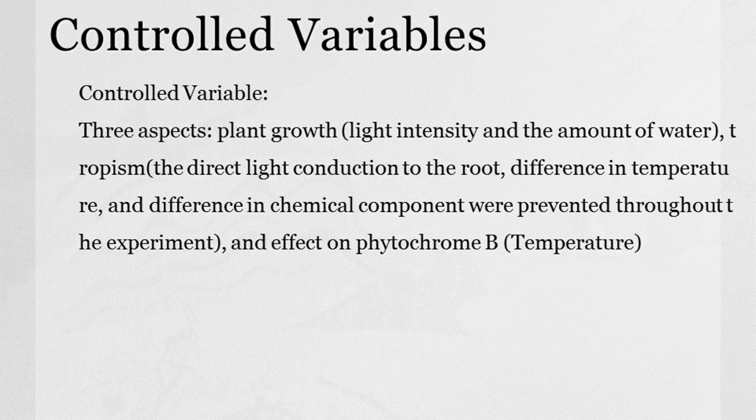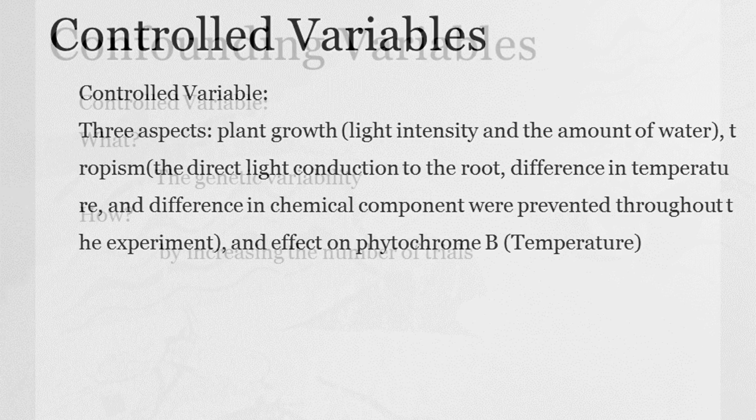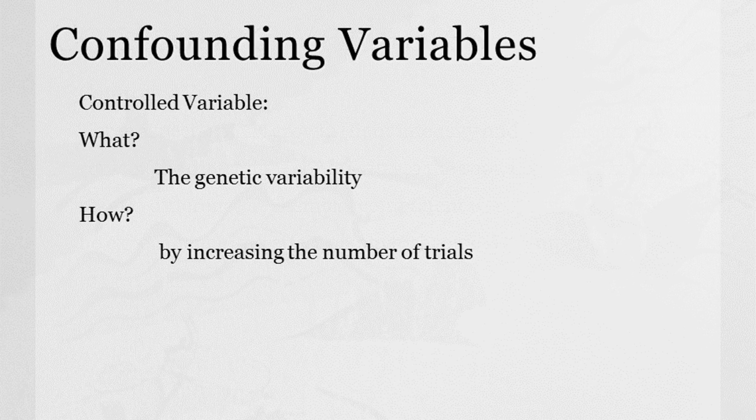Tropism is a very sensitive thing. It can be changed by other factors, such as the light conduction directed to the root and the difference in the chemical component. So I covered the root with aluminum foil, so it reflects any light that goes to the root. The confounding variable is the genetic variability, which was reduced by the number of trials.